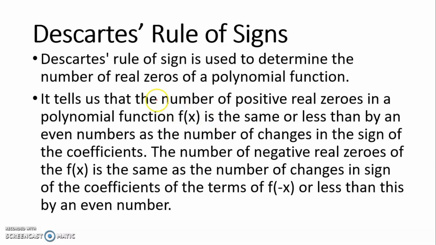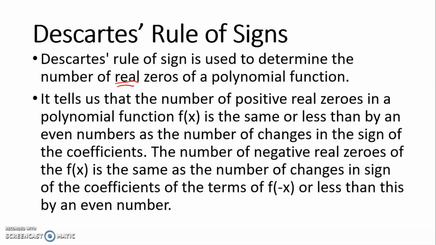So, please take note, I will highlight real zeros. When we talk about real zeros, meaning we can have rational or irrational zeros. So when we try to determine the real zeros of a polynomial function, it will also give us an idea of how many imaginary zeros there are in this polynomial function.